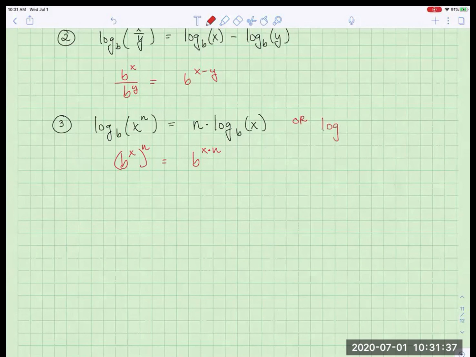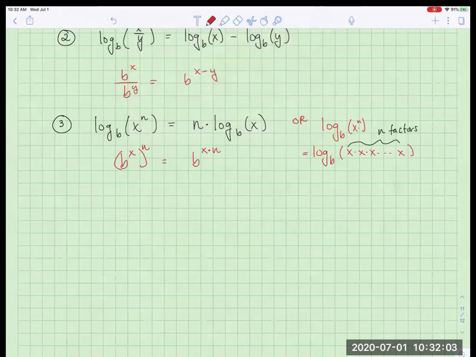This is log base b of x to the n is equal to log base b of x times x times x dot dot dot times x, where this factor of x appears as n factors of x.